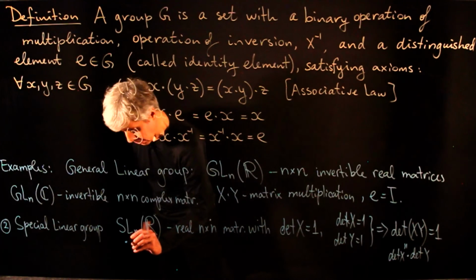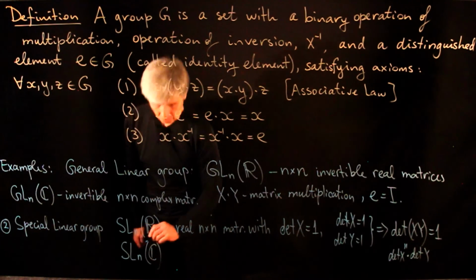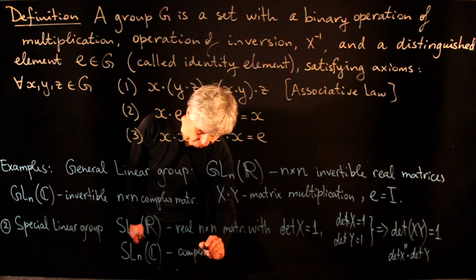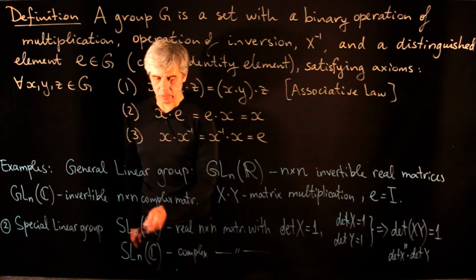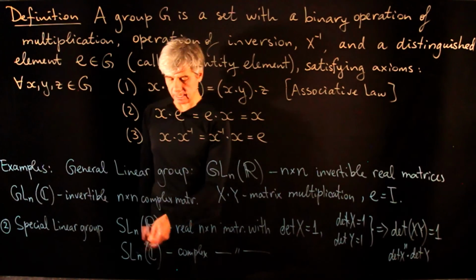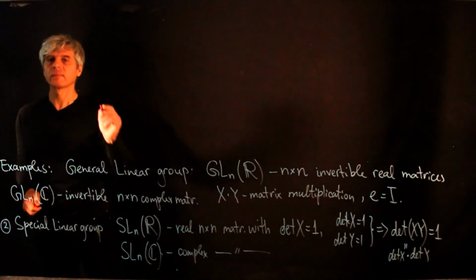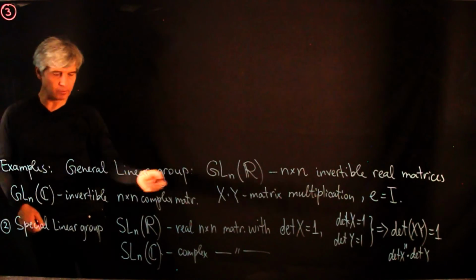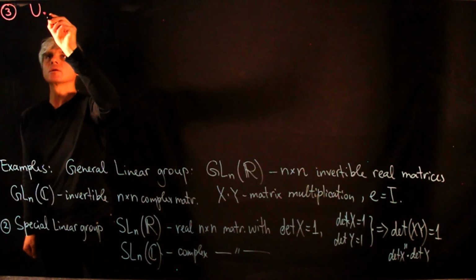And likewise, we can take SLNC. So these are complex n by n matrices with determinant 1. And again, SLNR is a subgroup in GLNR, and SLNC is a subgroup in GLNC. So the next example is the one that's relevant to today's discussion. So this is the unitary group.